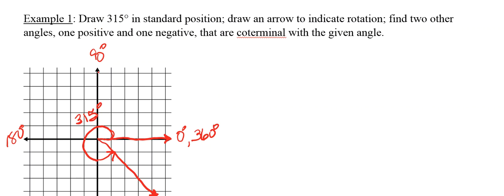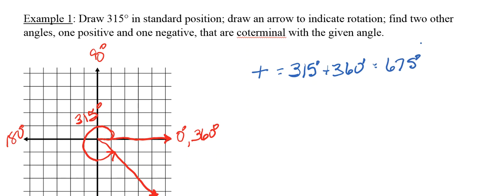So I drew it in standard position because I started at the positive x-axis. Being positive, I moved up. I drew an arrow to indicate rotation. We need to find two other angles, a positive and a negative, that are coterminal. So remember that just rotates 360 degrees. To find a positive coterminal angle, I'm simply going to take the 315 and add 360. 315 plus 360 is 675.